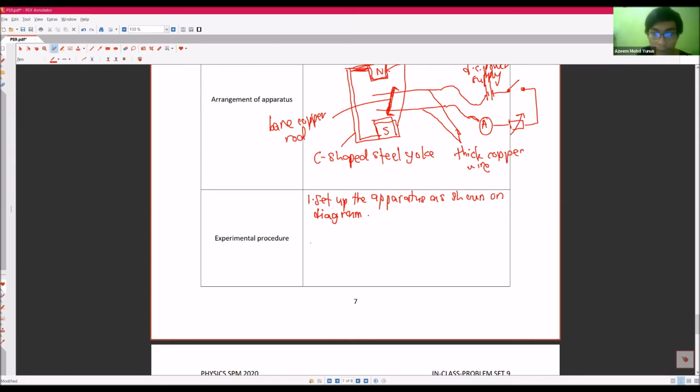Number 2: close the switch and adjust the rheostat.